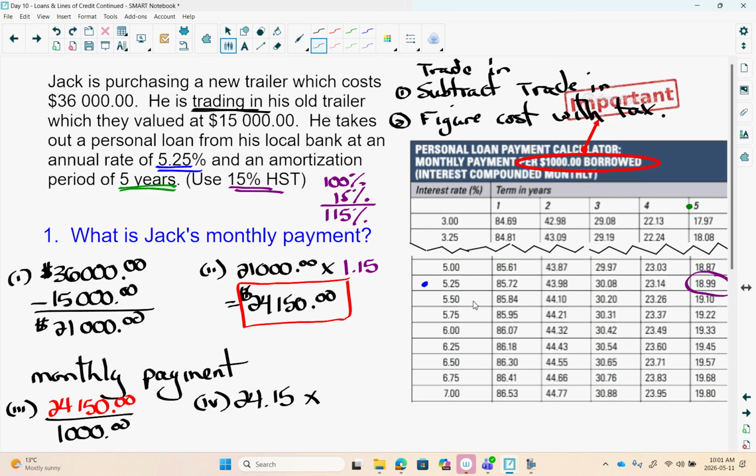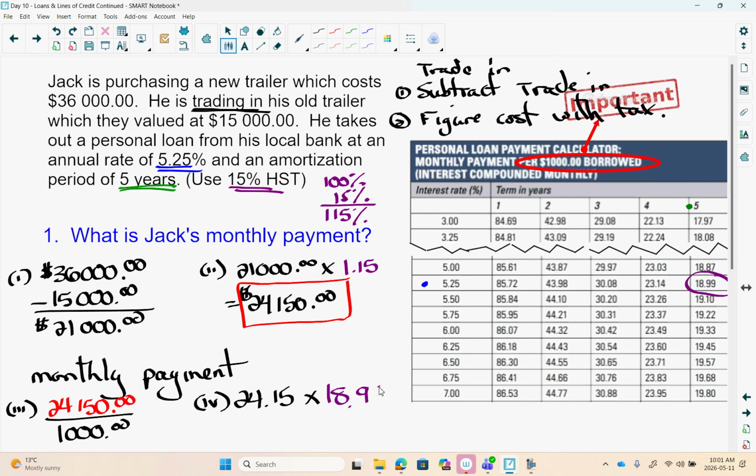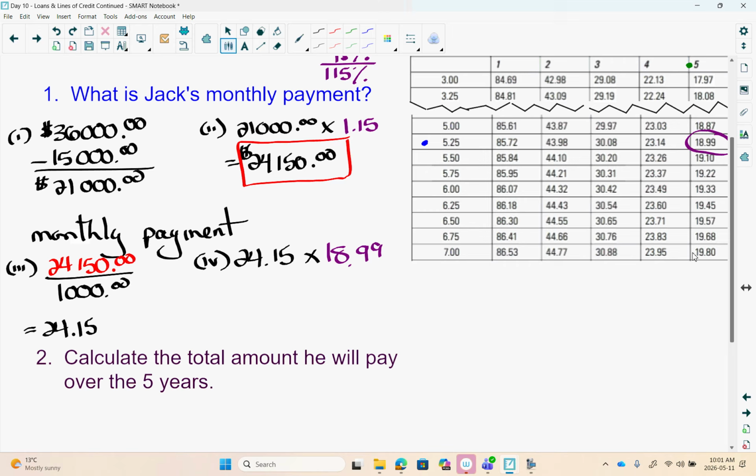No, because this guy's borrowing at 5.25% for 5 years. What's the magic number from the chart? 18.99. And if I go 24.15 times 18.99, I'm going to get $458. And I'll round to the nearest cent, so it'll be 61 cents per month.